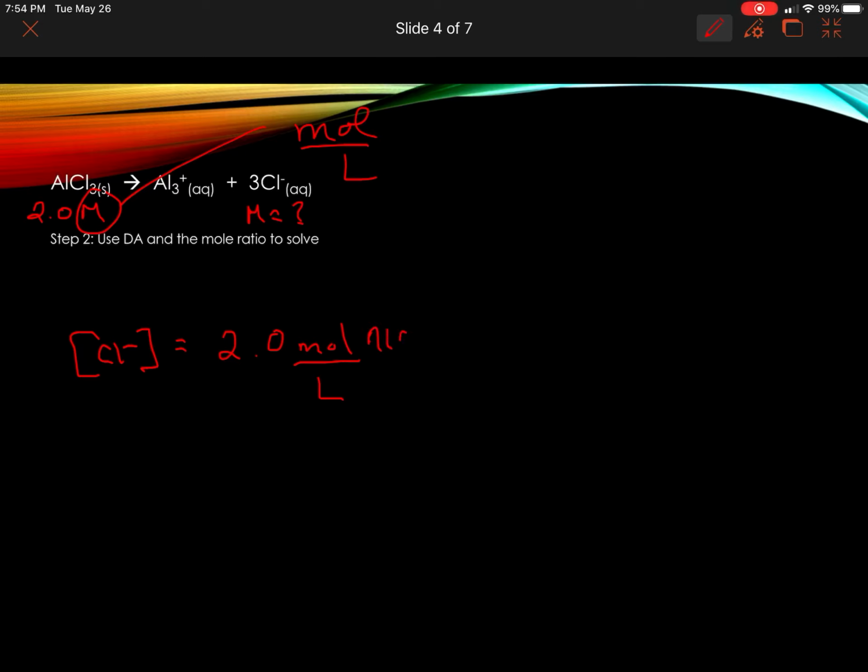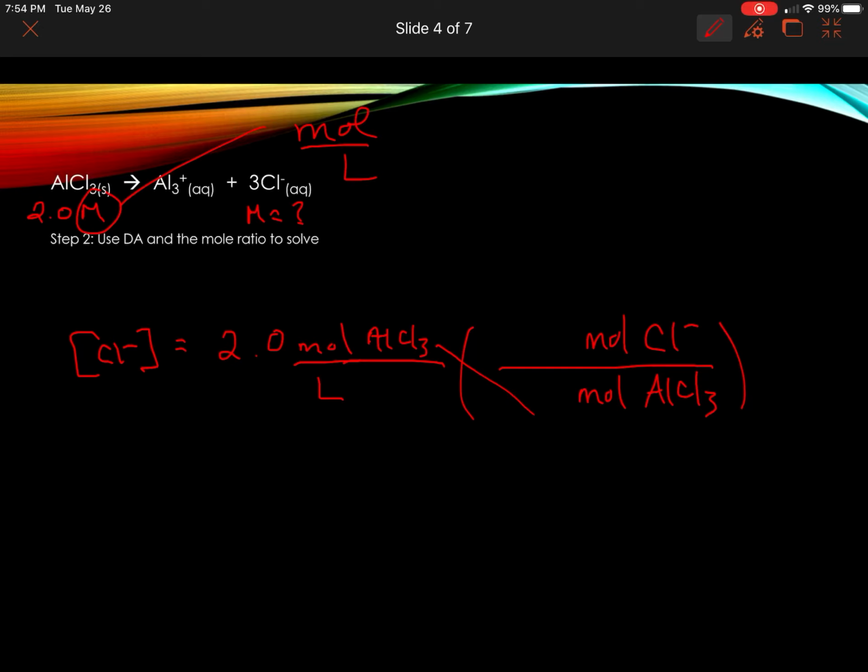And it's the moles of aluminum chloride per liter. Now, in your conversion ratio here, Cl minus is going to go on top. So this would be mole Cl minus. This is my mole ratio here. Moles aluminum chloride goes on the bottom, and that's because the diagonal units, as always, are always the same, right?